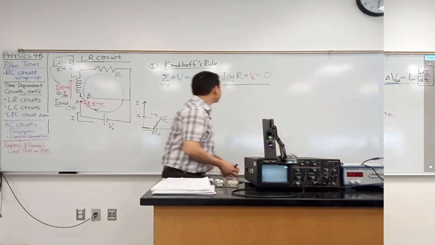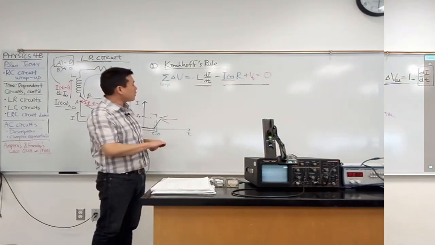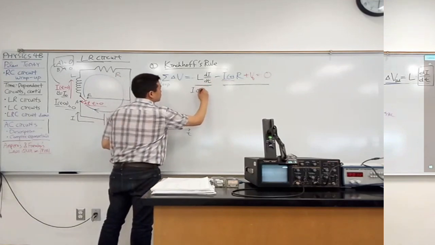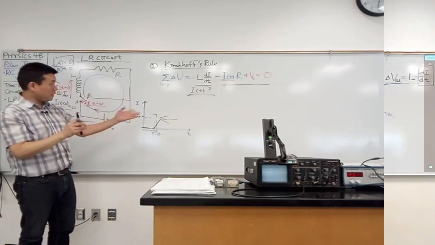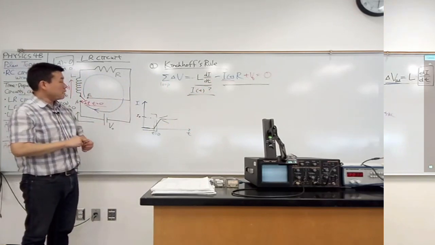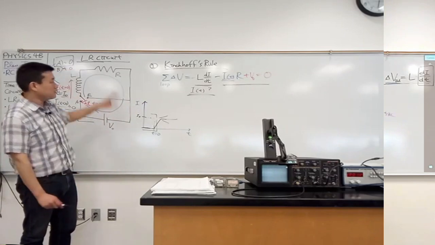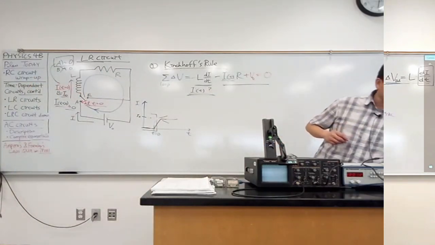Anyways, this is the equation, and I see the only unknown is current. So my goal here is to solve for the current as a function of time. Once I know that, I can find out anything else I want, like the voltage across the inductor. So let's go through the steps to do that.